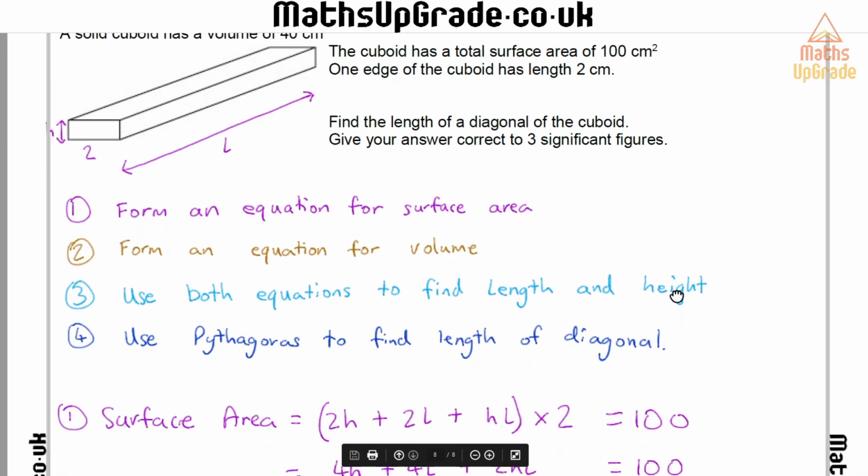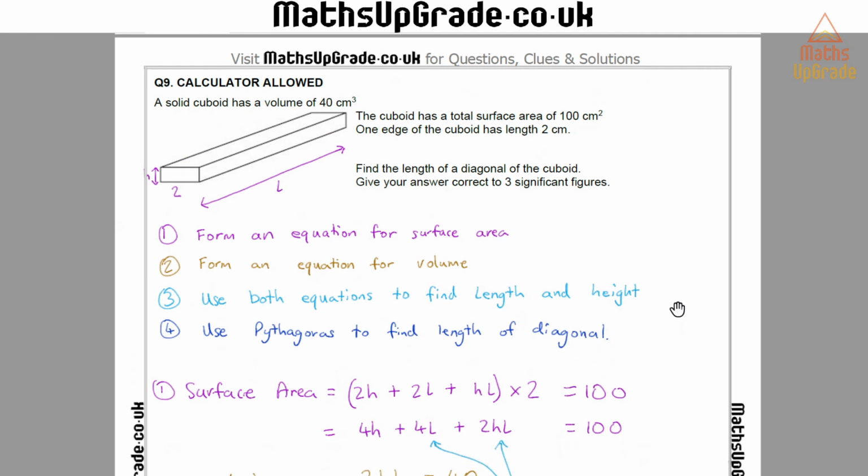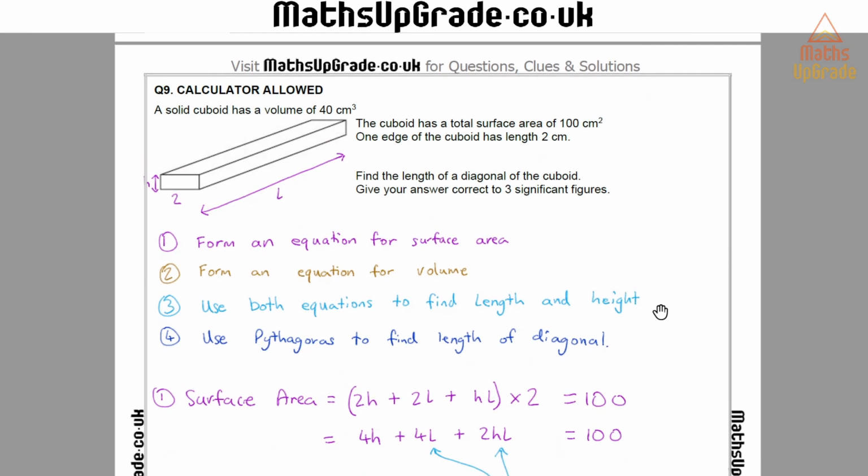So the first step then is to find the surface area of this cuboid. Since the surface area is double the area of the front face, double the area of the top face, and double the area of that side face there, I can then basically equate that to the known surface area, which is 100.